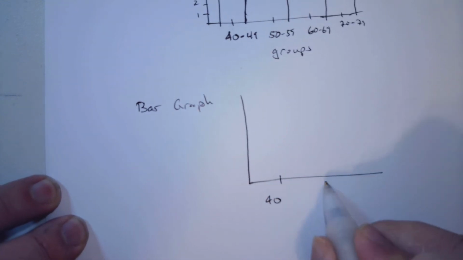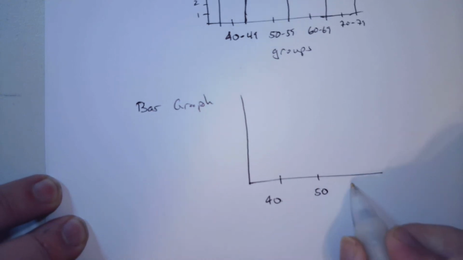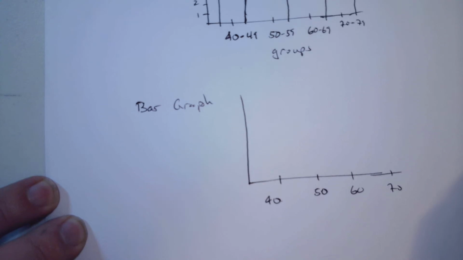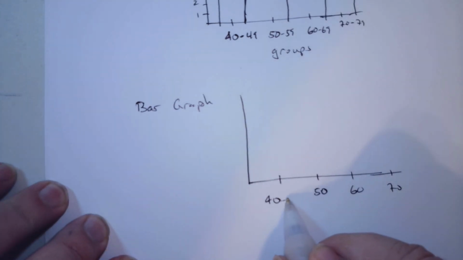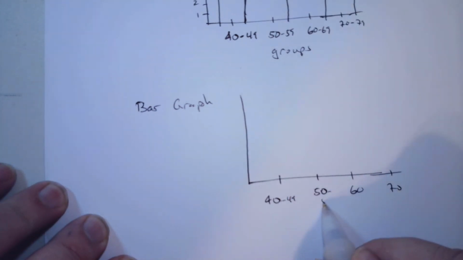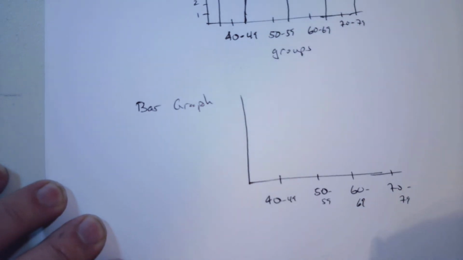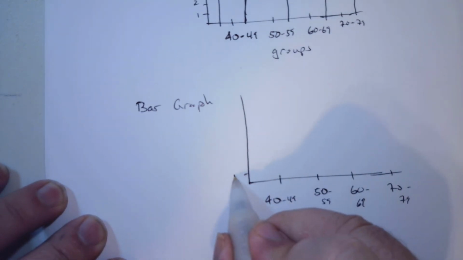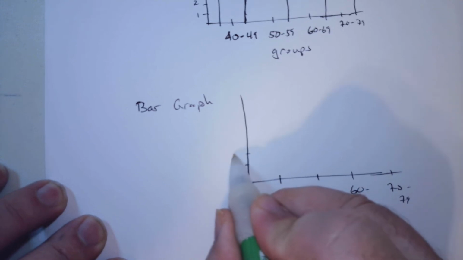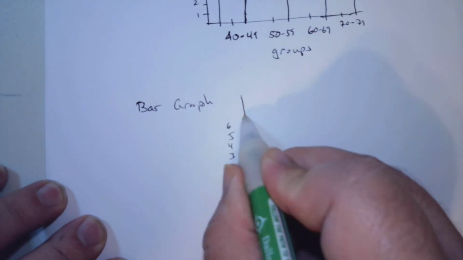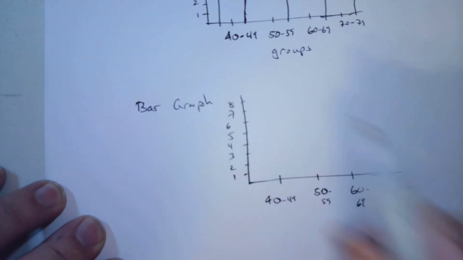We have the 40 to 50, and the 60, and 70. So this is the group: 40 to 49, 50 to 59, 60 to 69, 70 to 79. 1, 2, 3, 4, 5, 6, 7, 8.